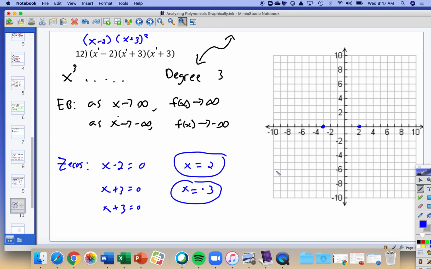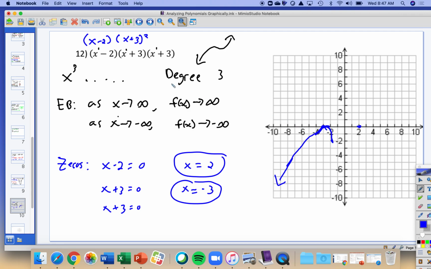So when I'm coming up this way, right? 'Cause I'm starting down here, and as I get closer to the x-axis, I'm gonna hit it, but I'm not gonna go through it. I'm gonna bounce off it and come back down, and that's because it is a repeated 0.